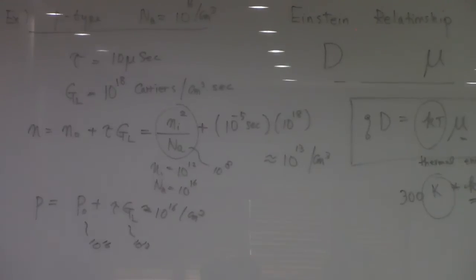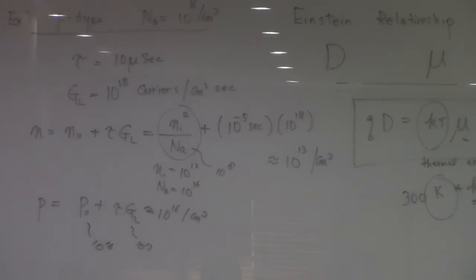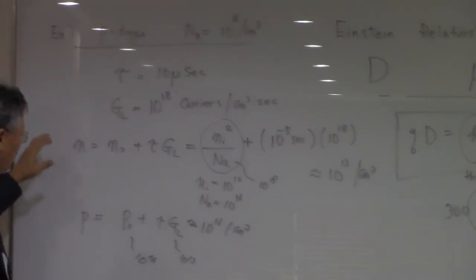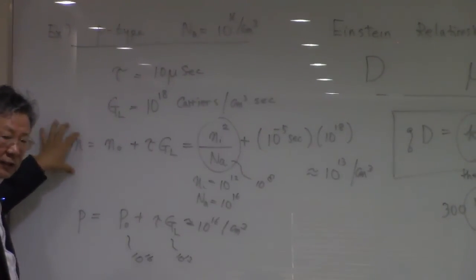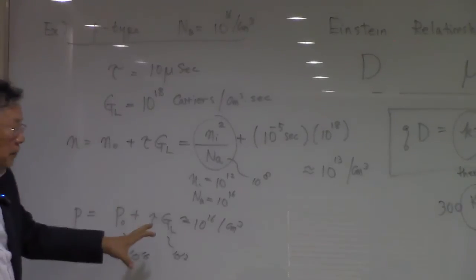So we cannot set the Fermi energies. Because the Fermi energy, by definition, is the electrochemical potential in equilibrium of the material. But we know the number of free carriers, the number of electrons and number of holes in this system.